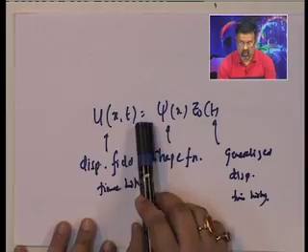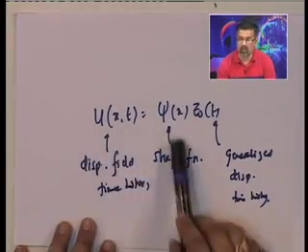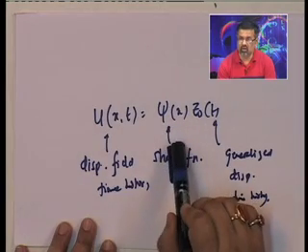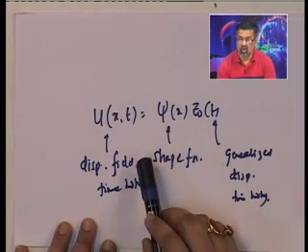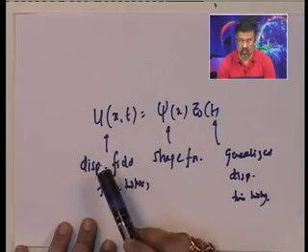We have taken a function of x and t and separated it into two functions, one a function of x and another a function of t. This is known as separable functions, okay?